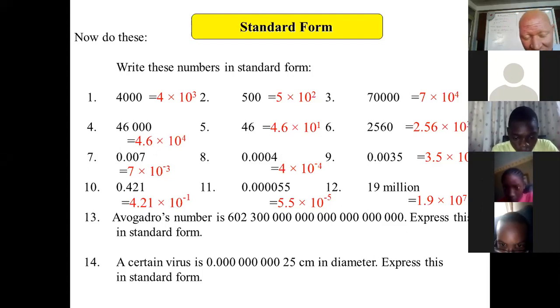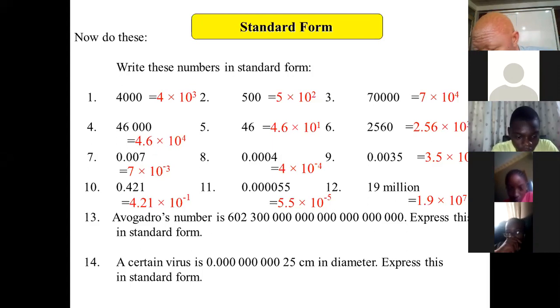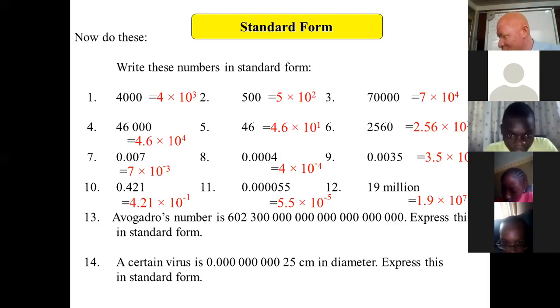The most important point is 6.02, that's part of the answer, times 10 raised to power. Let's see who will get the answer, the power of ten you are able to raise it up to. I think someone is murmuring something. Okay, so let's check it. Drop your answer inside the chat. Let me see how many of you can drop the answer in the chat section, so that I can follow up on the chat.